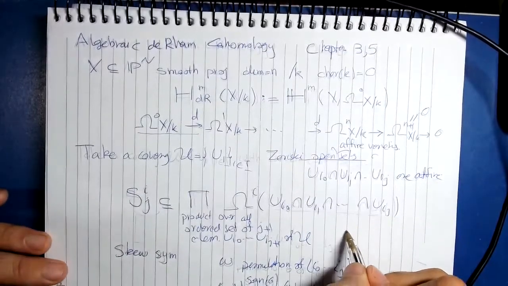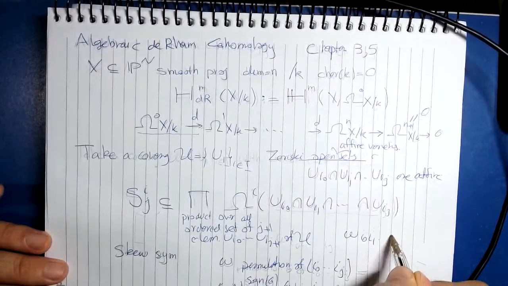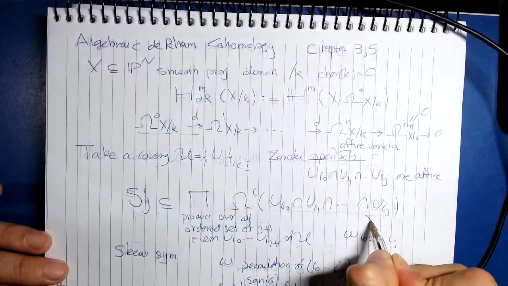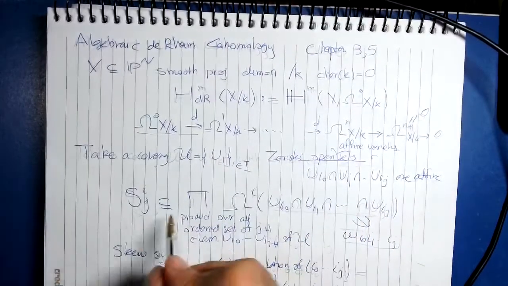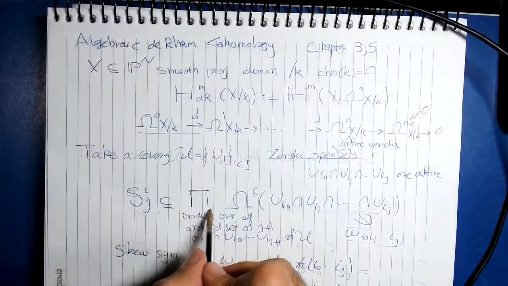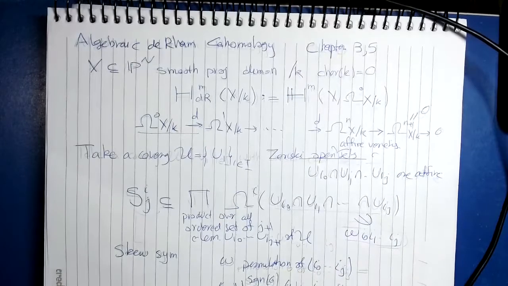And by the way, I have to say that I have taken the element omega_{i0,i1,...,ij}. The element of this set will be denoted by this one. So this product means that I have a bunch of these elements.